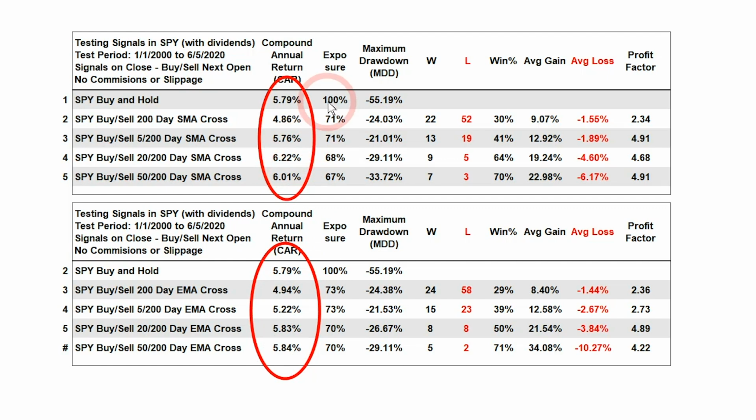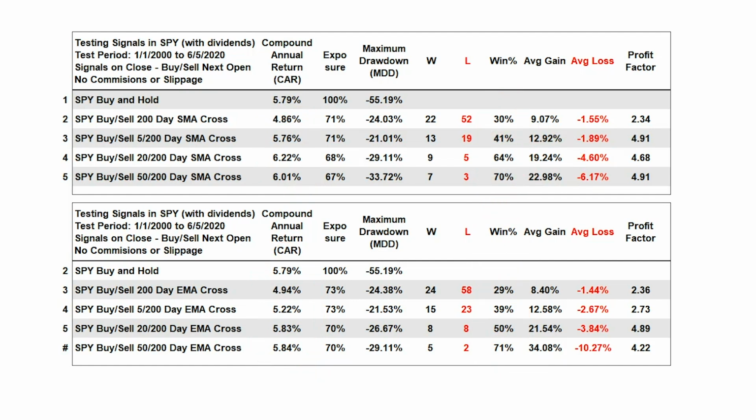The drawdowns are pretty similar, maybe a little bit better for the EMAs. The win percents are pretty similar. There you can see going from 30 to 70% and 29 to 71%. This 20-day EMA seems to perform differently than the 20-day SMA. You can see a big difference in the win percent there.